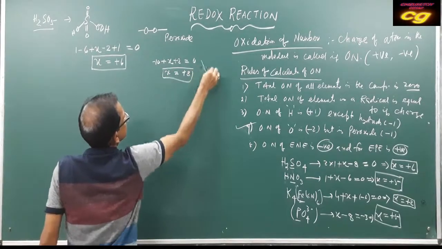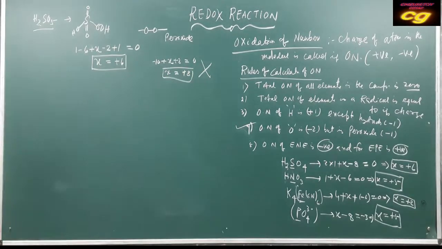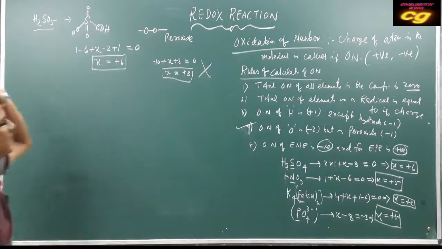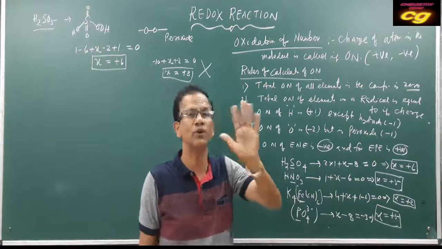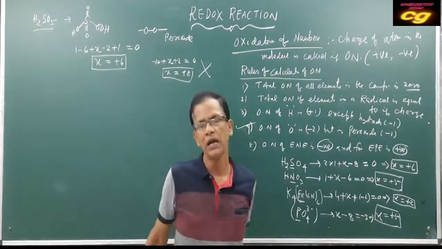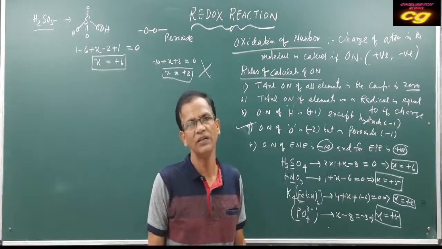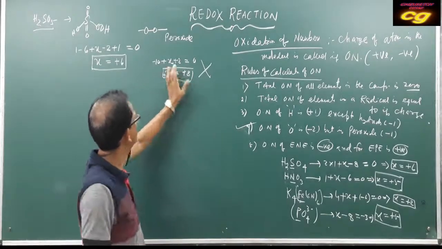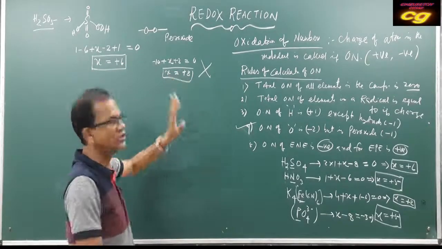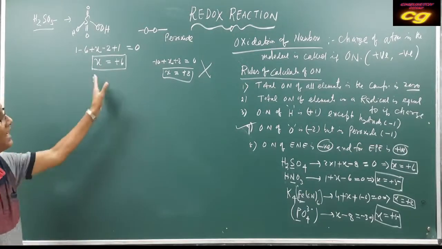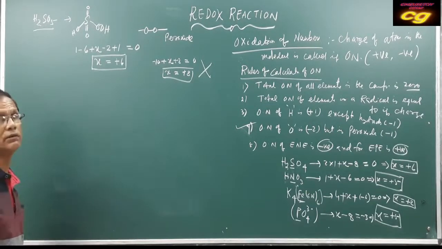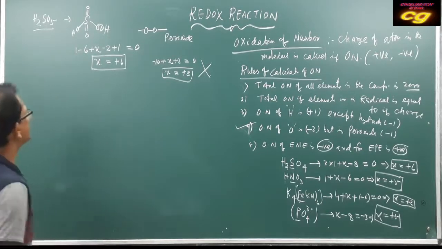So this is wrong, because the sulfur oxidation number cannot be 8. The maximum oxidation state of sulfur is plus 6 because it has 6 valence electrons, which means the maximum oxidation number will be 6. In this way you can also verify whether your calculation is correct or not.